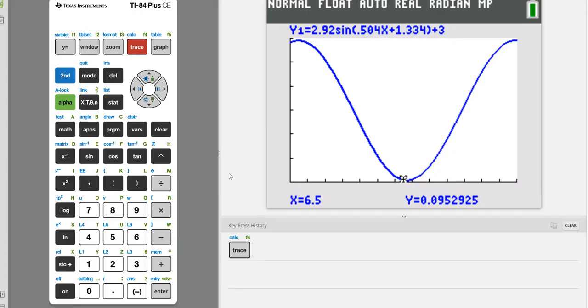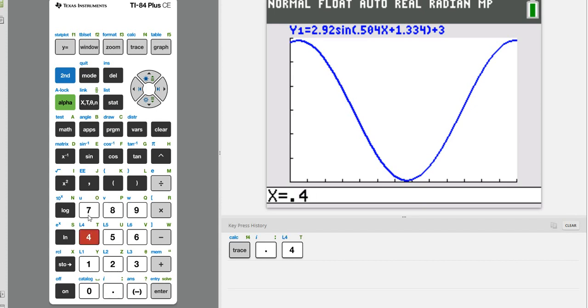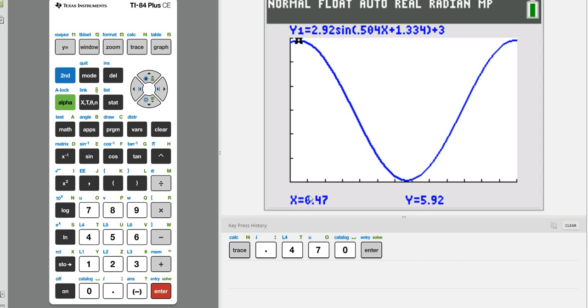If I hit the trace key, and as soon as you start typing in a number, it'll open up a little window at the bottom to show you what number you're typing in, 0.47. And take a look. At 0.47, what y coordinate does it give you? It gives you exactly 5.92. So we nailed it. This is perfect.